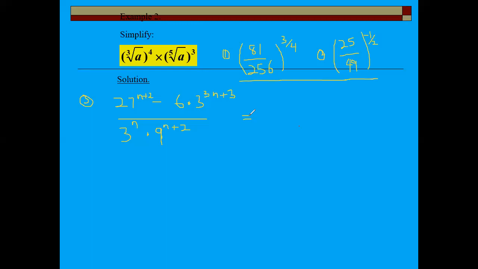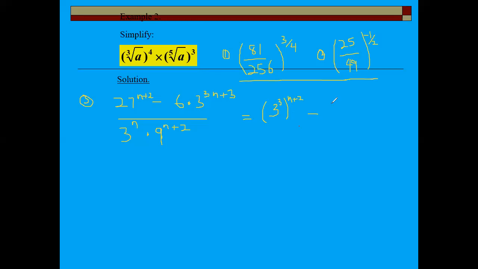So for 27, that'll be 3 to the power 3. Put it in brackets, raised to the power n, plus 2.